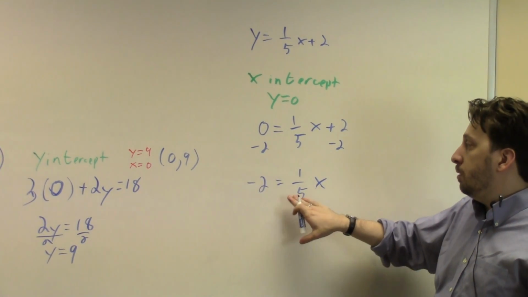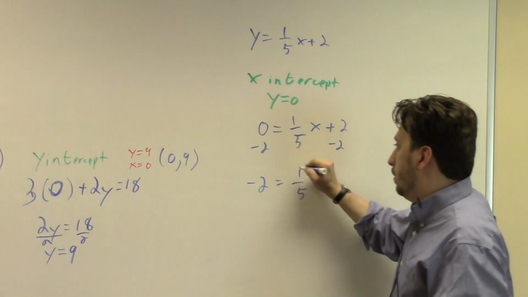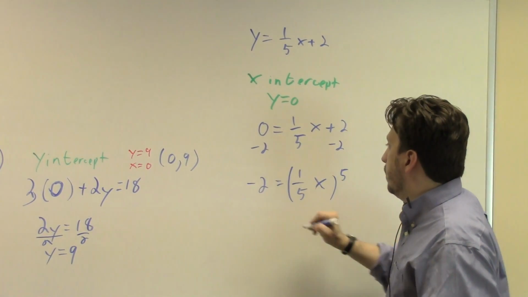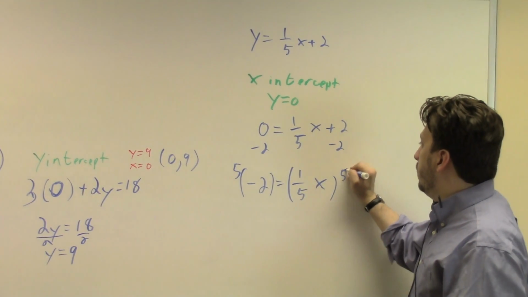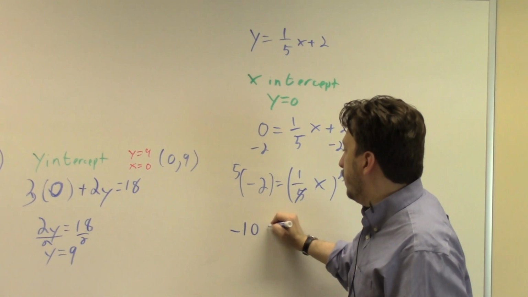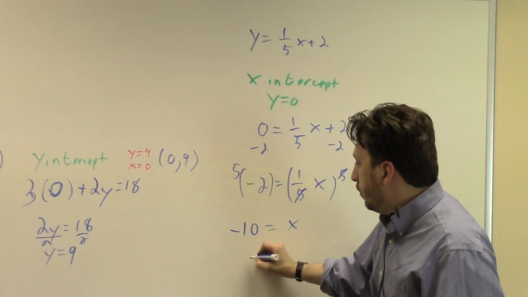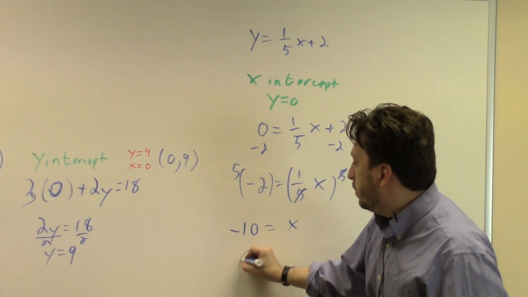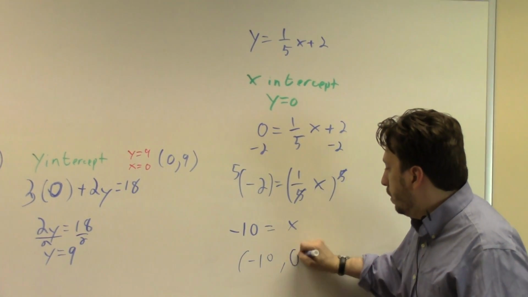So what I'm going to do is I'm going to multiply both sides by 5. When I do that, the 5 here and the 5 here will cancel each other out. I'm going to end up with negative 10 equals x. And so our coordinate point for our x-intercept is going to be negative 10, comma, 0.